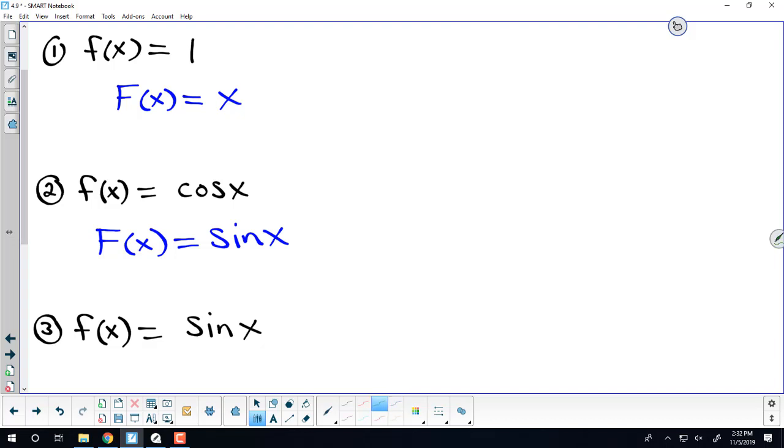The antiderivative of 1 is x, since the derivative of x is equal to 1, the function we started with. The antiderivative of cosine is sine, because the derivative of sine is equal to cosine.